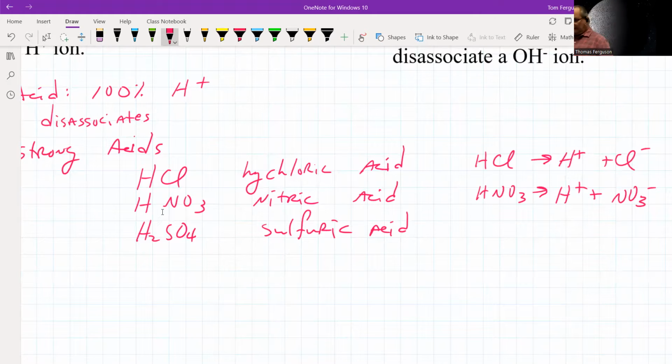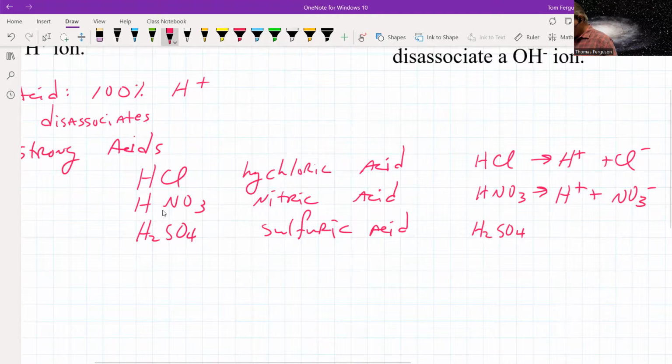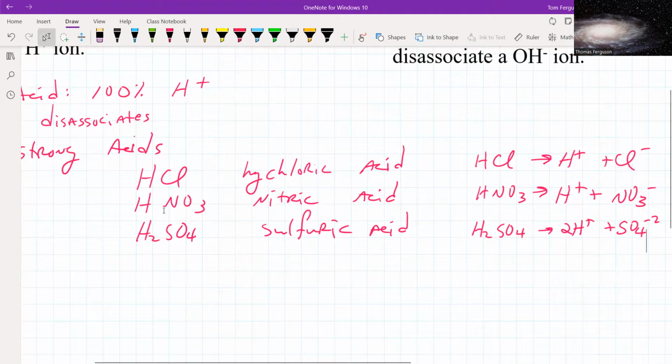Nitric has one. Sulfuric, however, has two protons that can dissociate.